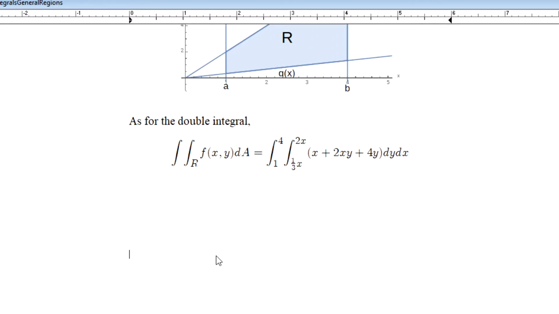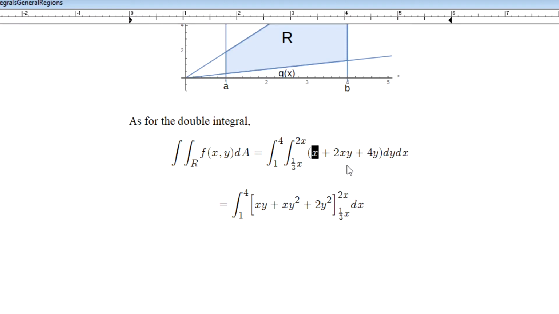If we consider that calculation, that first iteration with respect to y is going to produce the antiderivative we see here in the brackets. The antiderivative of x plus 2xy plus 4y is going to be xy plus xy squared plus 2y squared when we take the antiderivative with respect to y.